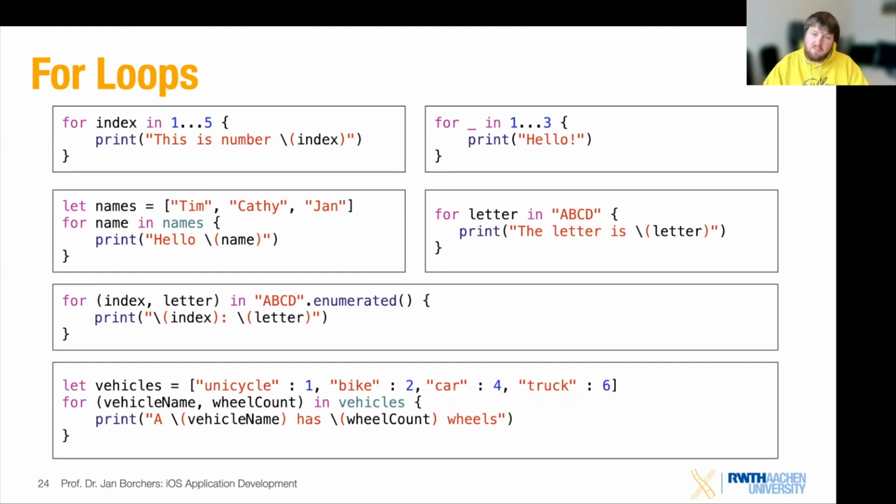So for each element in my dictionary, the key will be assigned to the variable vehicle name, and the value will be assigned to the wheel count. So I can then print that out directly with this for loop.